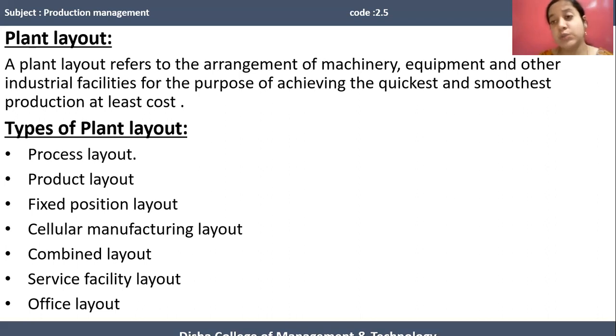In product layout, there is no concept of creation of any department. The machines required for producing a particular product can be arranged in a sequential manner.